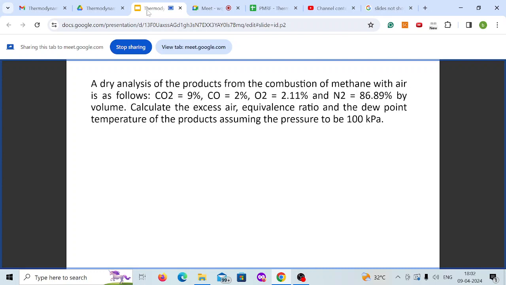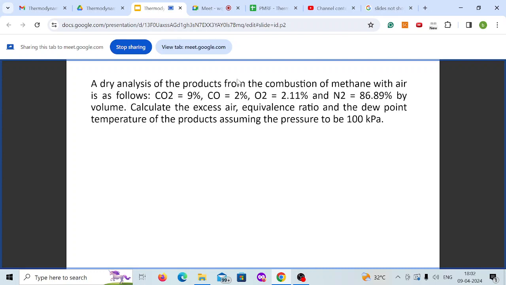This is by volume. Now calculate the excess air, the equivalence ratio, and the dew point temperature of the products, assuming the pressure to be 100 kilopascal.